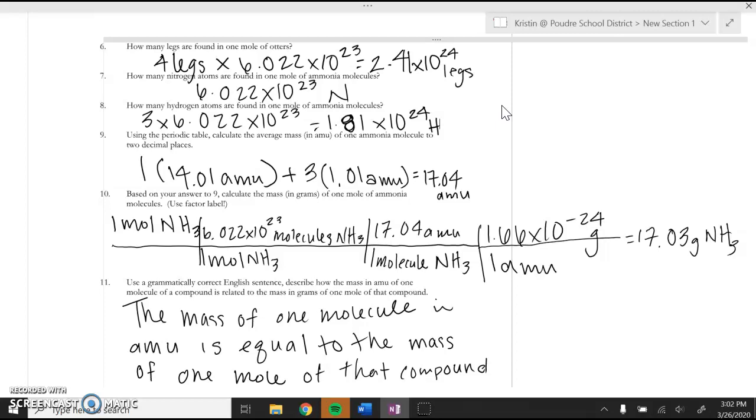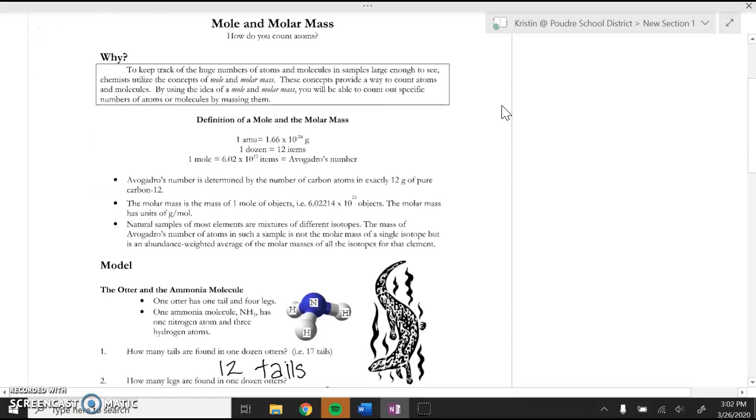So for number 9, we can use the periodic table to calculate the average mass in atomic mass units of 1 ammonia molecule to 2 decimal places. If we scroll back up to the top, it tells us a little bit about the AMU. An atomic mass unit is basically 1 proton is 1 atomic mass unit, a neutron weighs about 1 atomic mass unit, and electrons are super teeny tiny, so we pretty much ignore them most of the time.